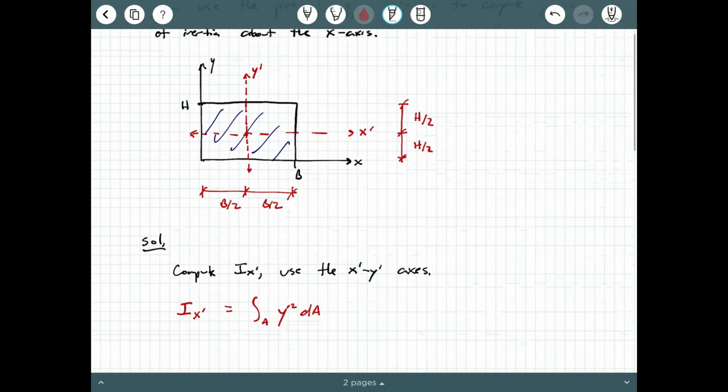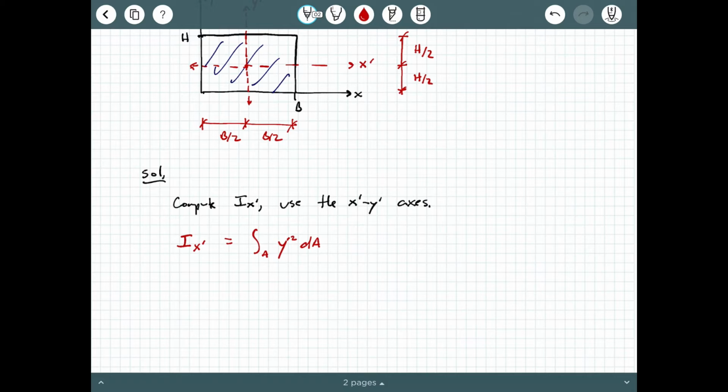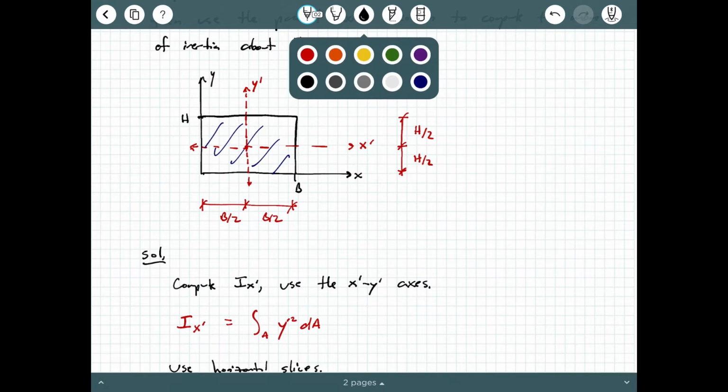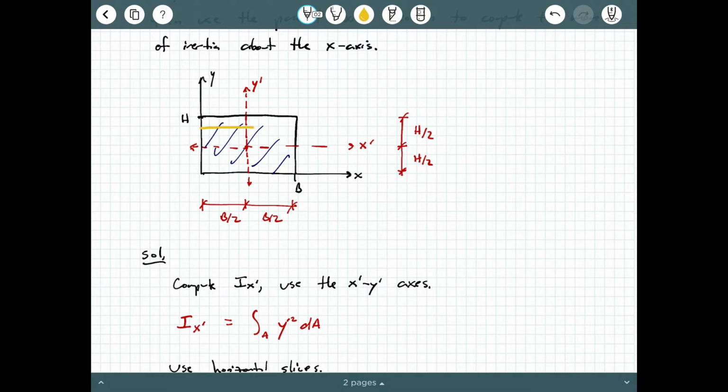The next thing we want to do, similar to the previous example, is use horizontal slices, because it's best to orient your dA slices parallel to the axis that you want the moment of inertia about. So I'm going to use these horizontal dA slices here, and then, of course, I have a differential height dy prime.